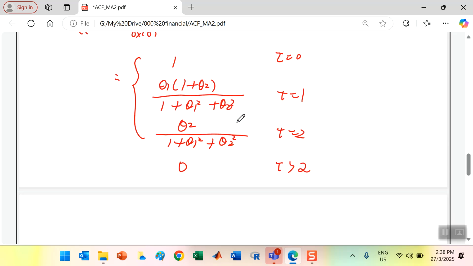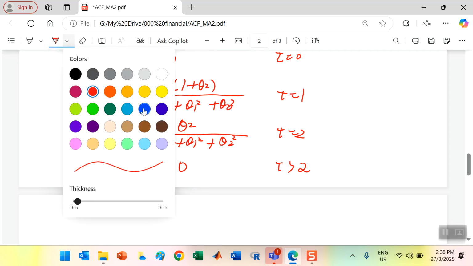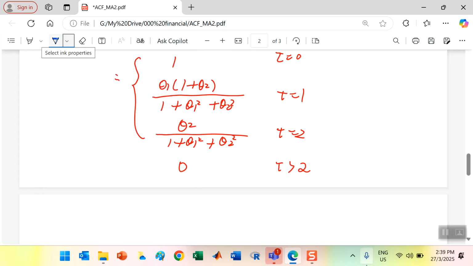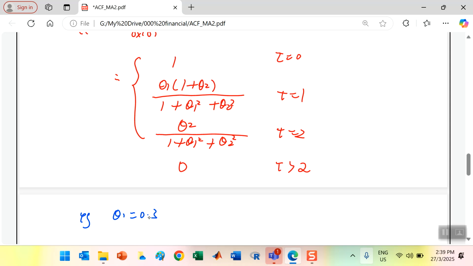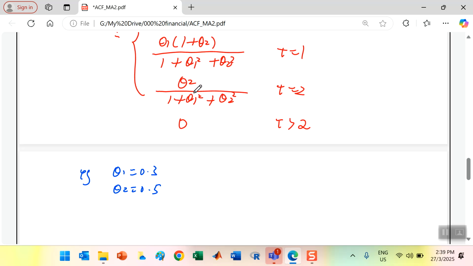Obviously you can see lag 1 is non-zero, and lag 2 is non-zero. You can just substitute non-zero values, for example theta 1 is 0.3 and theta 2 is 0.5, then definitely these two lags are non-zero.